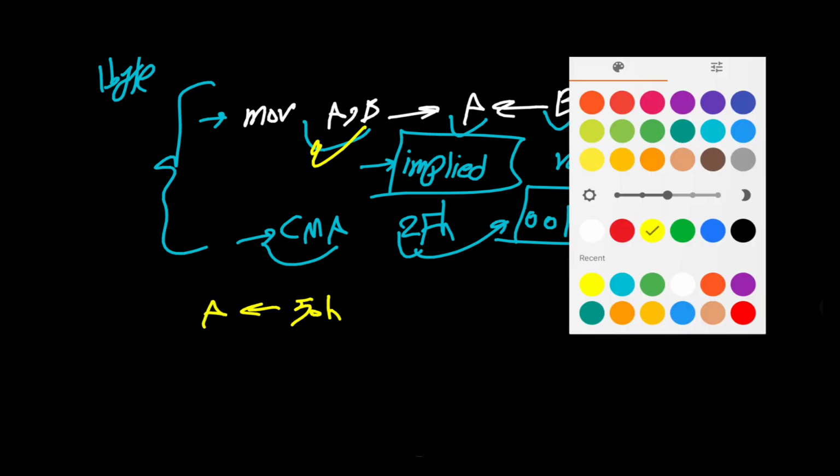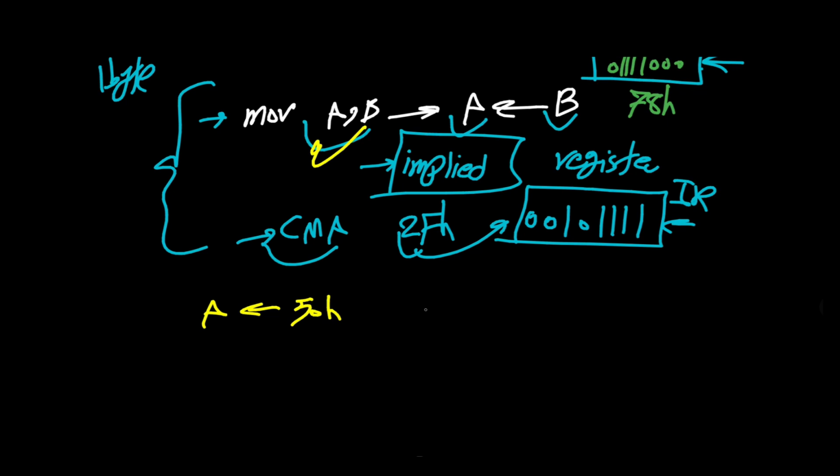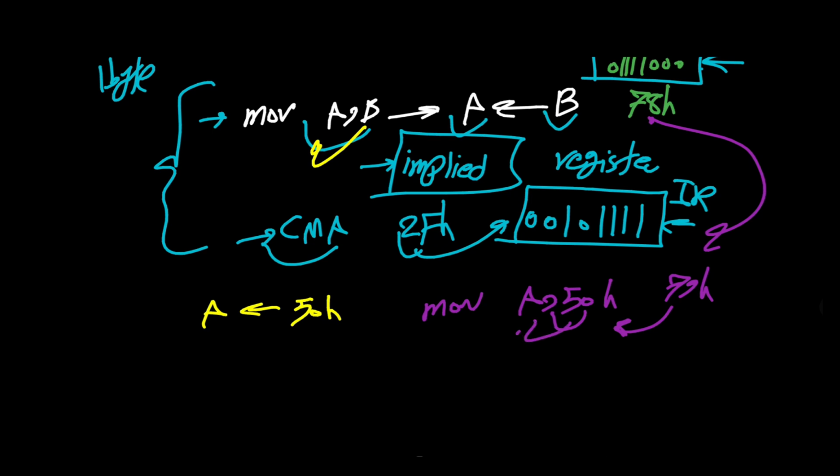So right now you say, well, just like before, I create an instruction for move A and 50 hex, and maybe reserve the next opcode, like 79H, to be the opcode of this instruction. So whenever 79 in hex is in the IR register, the CPU would move the value of 50 inside the A register.